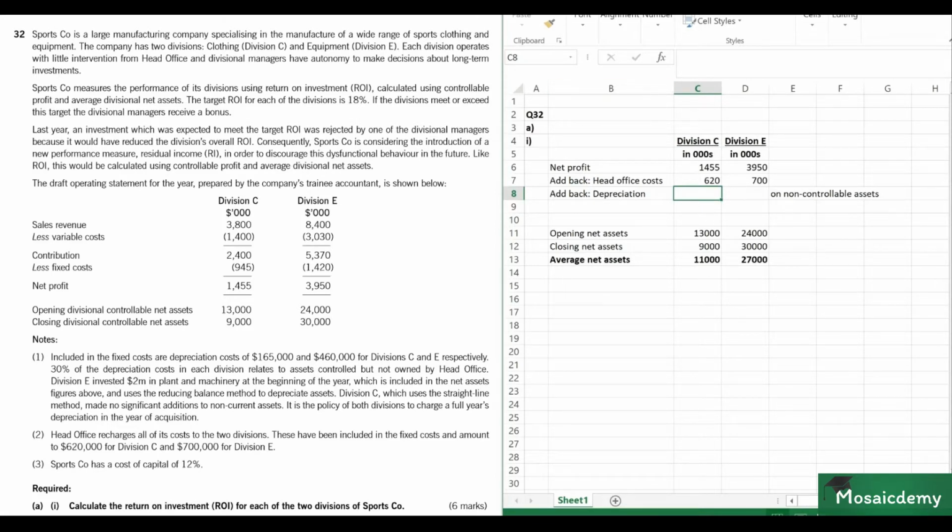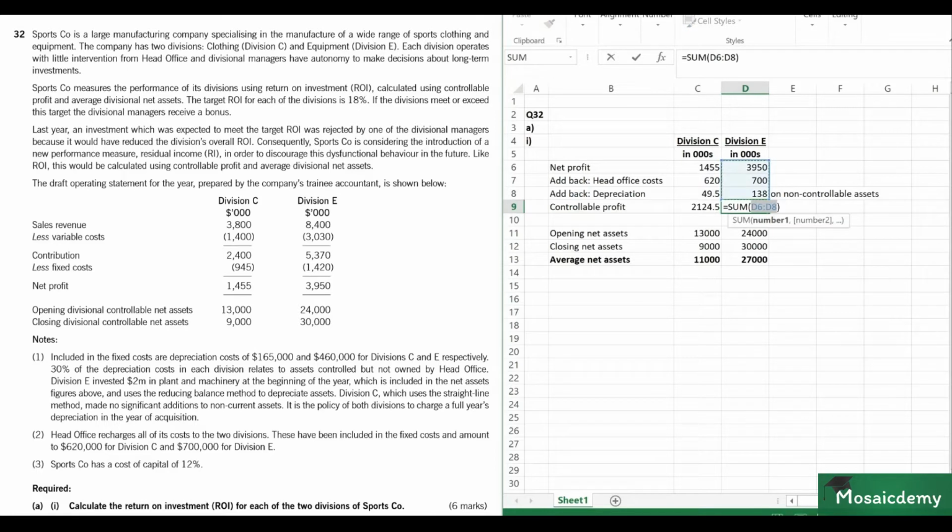The fixed costs included depreciation expenses of 165,000 and 460,000 respectively. 30% of those were based on assets controlled by the head office. So 30% of 165,000, and 30% of 460,000, which would be this much, right? So this will give us our controllable profit. There are no other issues we need to worry about for the calculation.